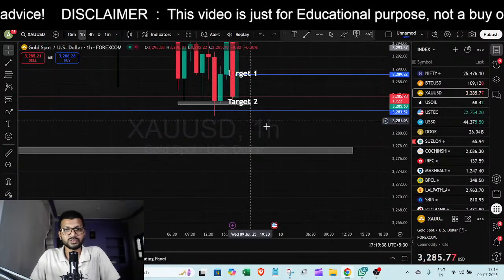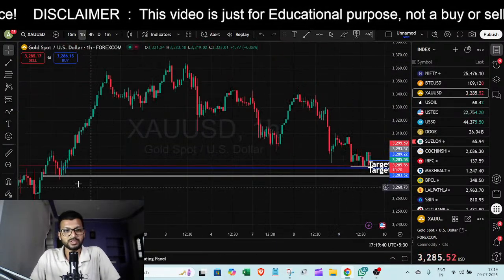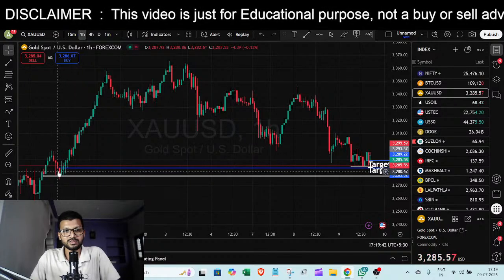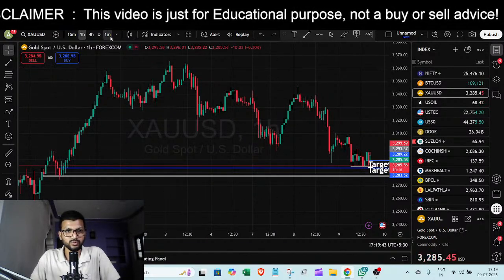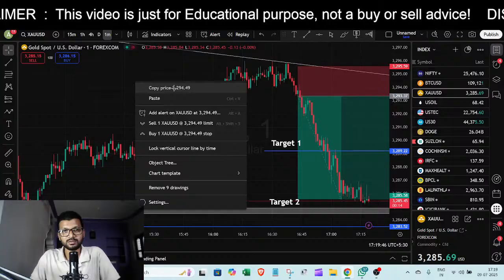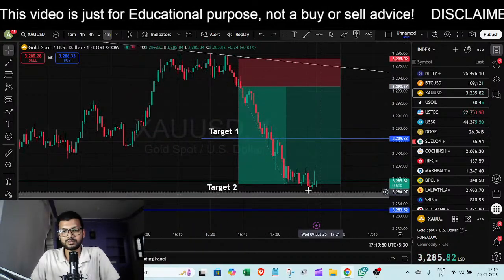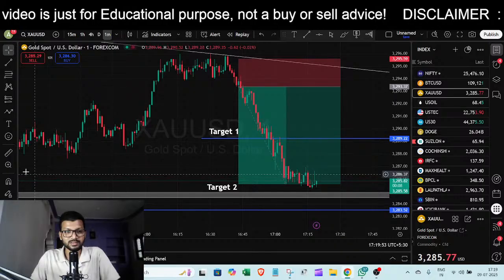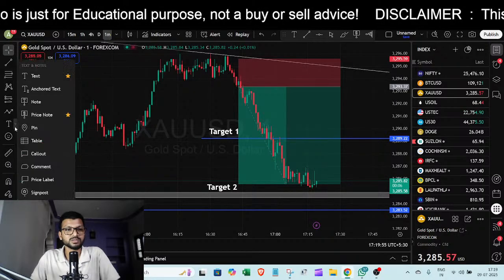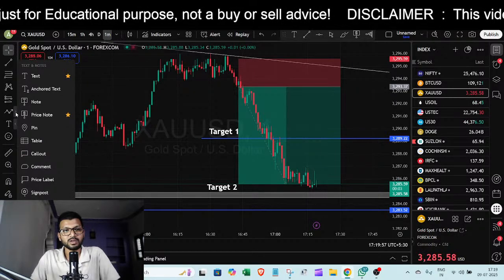In the 1 hour chart, as you can see, this is our order block. So we don't want to take more risk. We will exit our position near our support level, because at this zone the market might reverse at any time with high quantity.